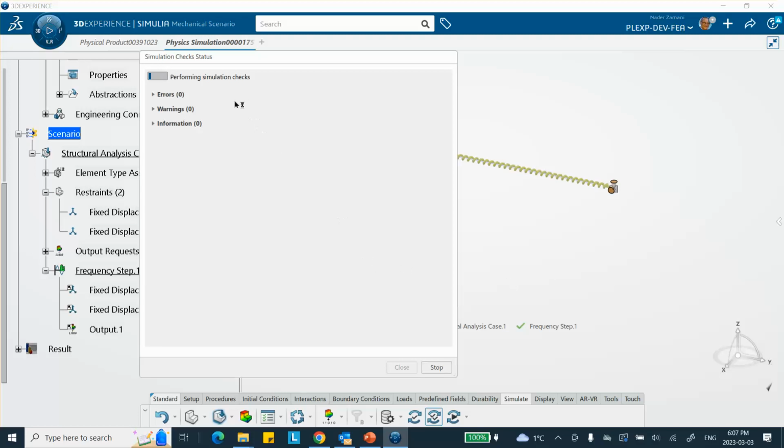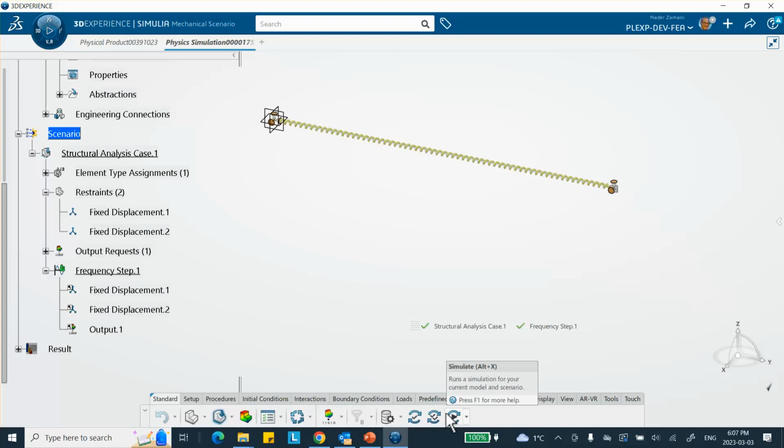Okay, so let's give it a minute or so. Yep, this one is done, and now we're going to simulate. This is simulated. Notice that all we're doing here is finding the natural frequencies. That's all.